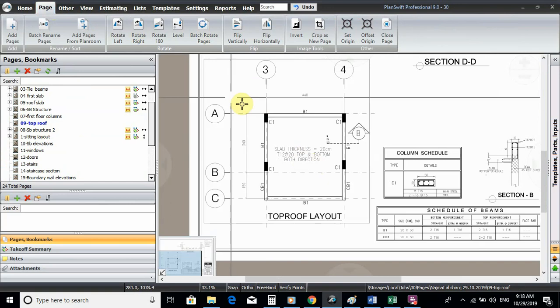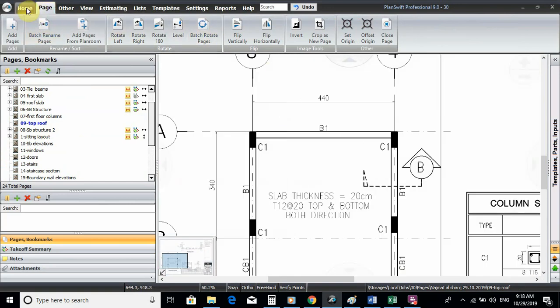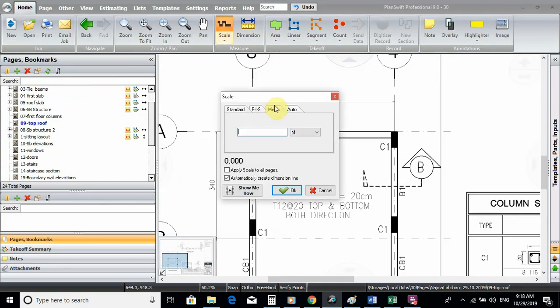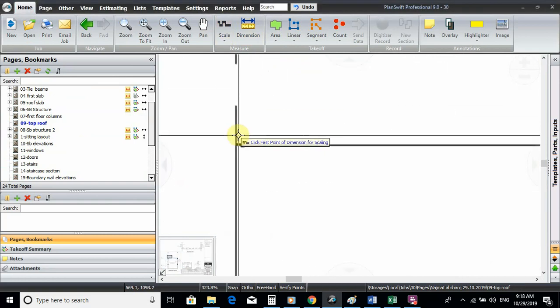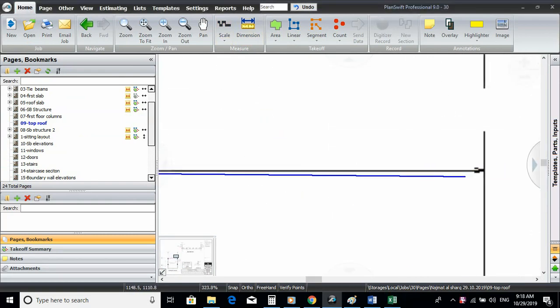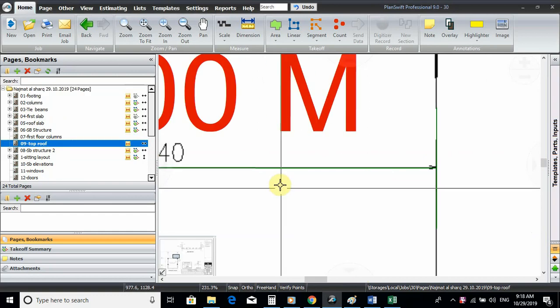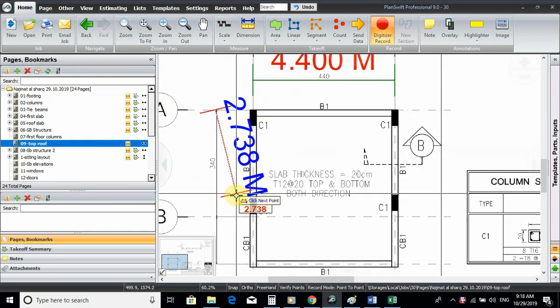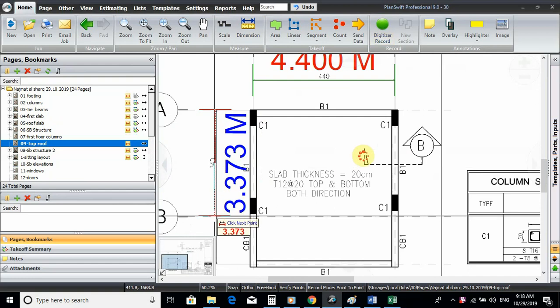This is the top roof layout. Make our scale as usual, 4.4. Just making sure, yes, we're on the right track.